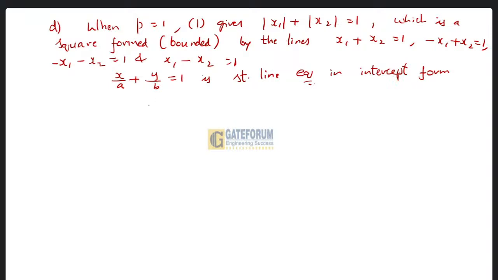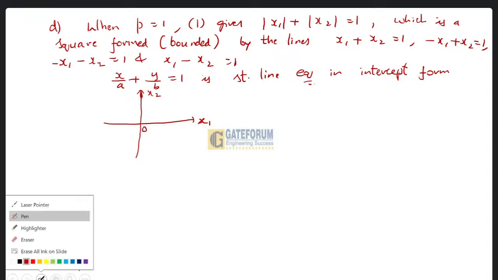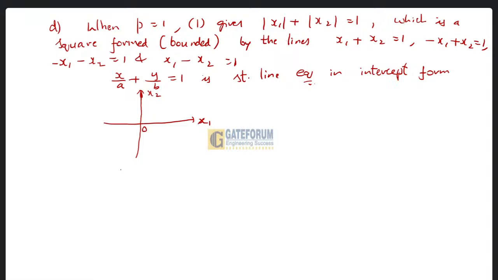Now, the square. Taking the horizontal axis as x1 and the vertical axis as x2, this is the origin, and the four boundaries are 1 unit each.